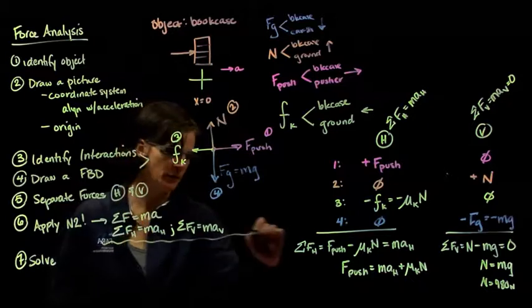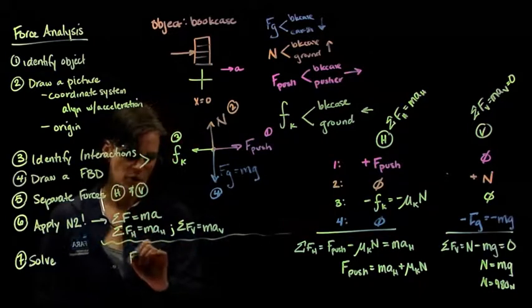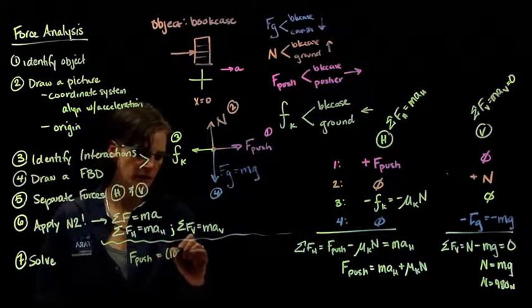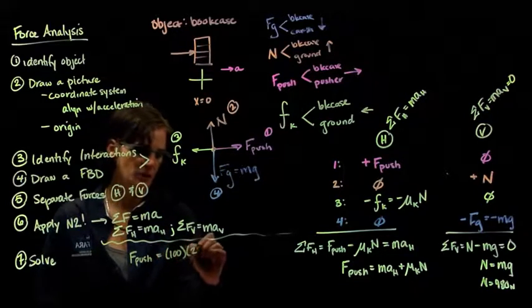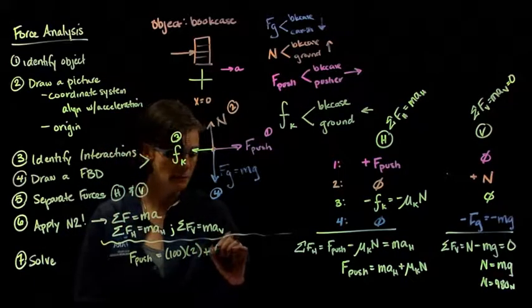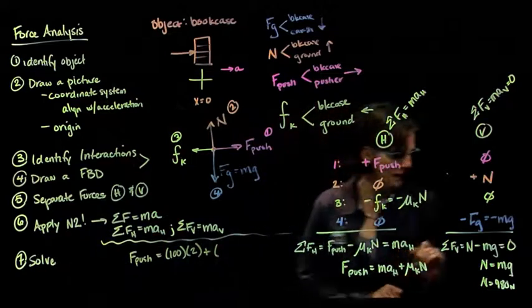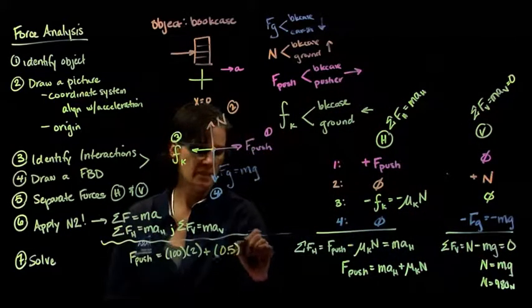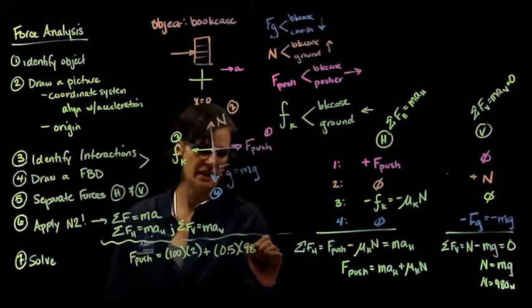I'm going to give it a little border. So I have F of the push, which is what I'm solving for, is equal to the mass, 100, times the acceleration we said was 2, plus mu sub k, I've forgotten what we said that was already, 0.5, times the normal force of 980.